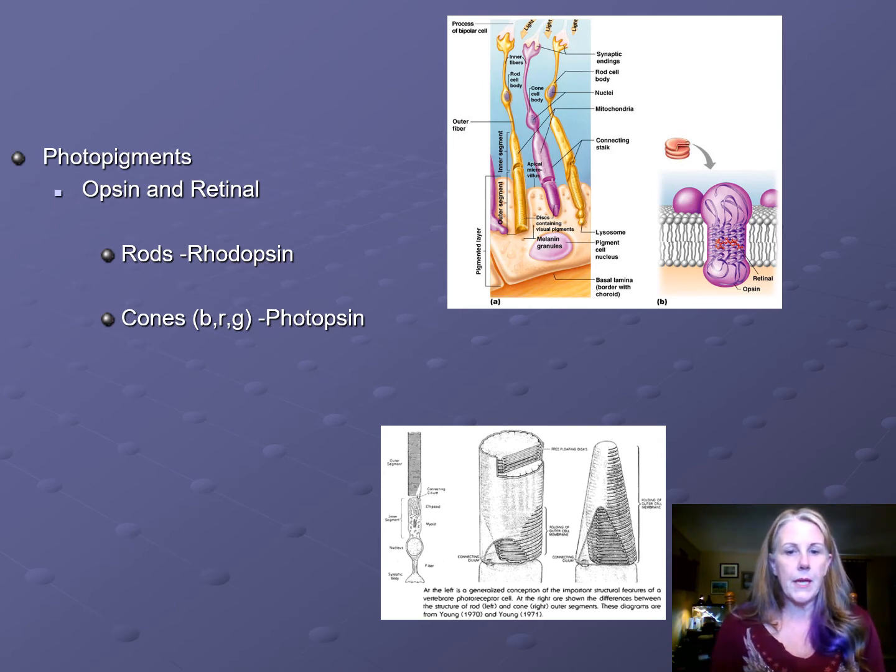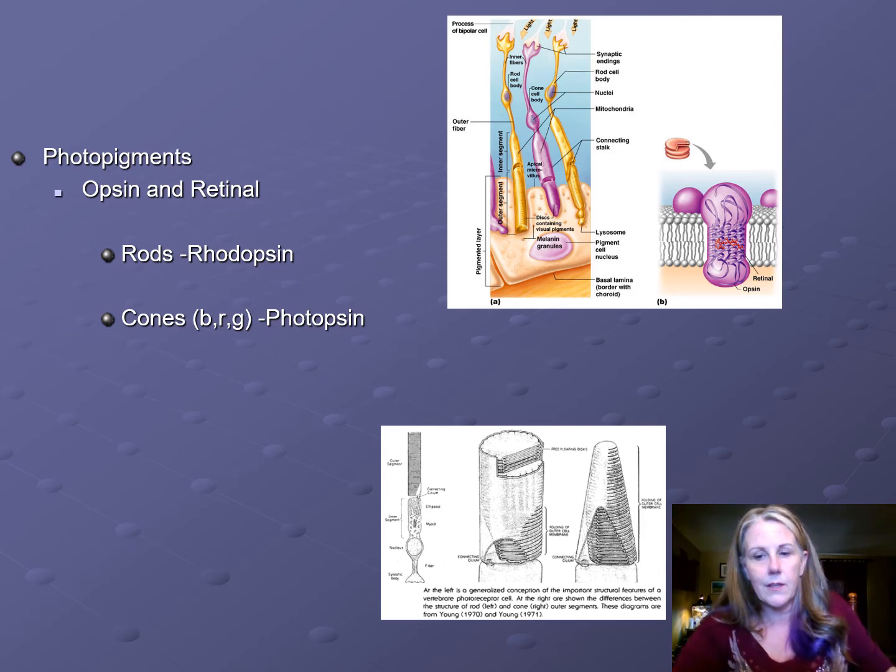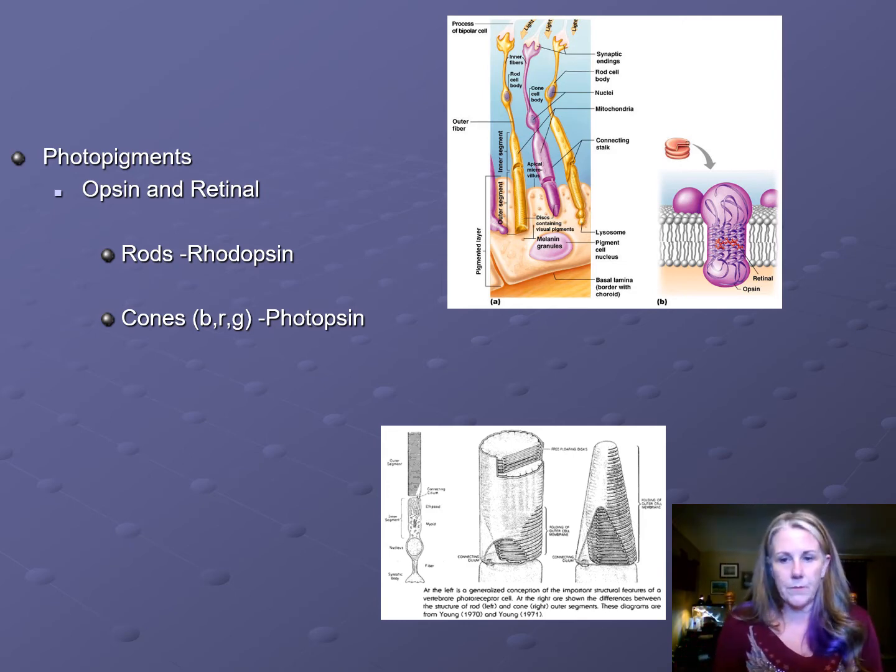Now the pigment inside of cones is slightly different. It has a different type of opsin, so we give it a different name, and it's called photopsin. You would think it was called conopsin, but they didn't ask me. But it's called photopsin. So the photopigment inside the cones is called photopsin. There are 3 varieties, and it's blue, green, and red.